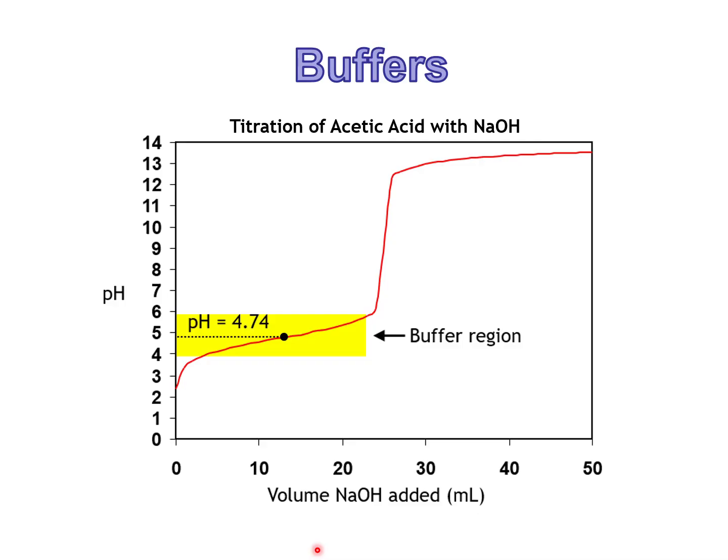So just to write it out, the Ka for acetic acid is 1.8 times 10 to the minus 5, so pKa is 4.74. We're going to have plus or minus 1 unit around that pKa value, where the solution is going to be buffered.